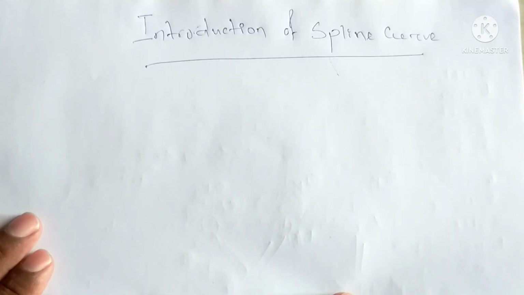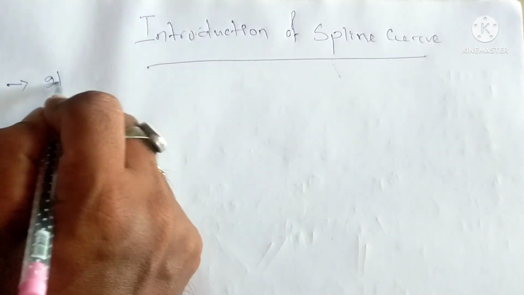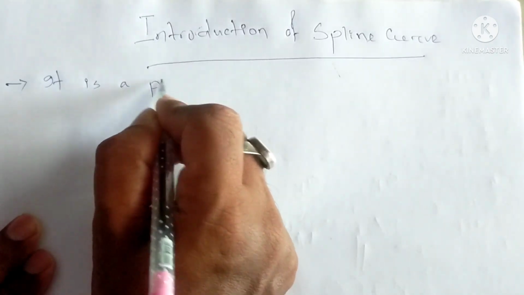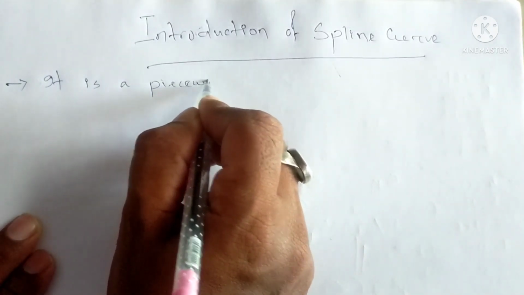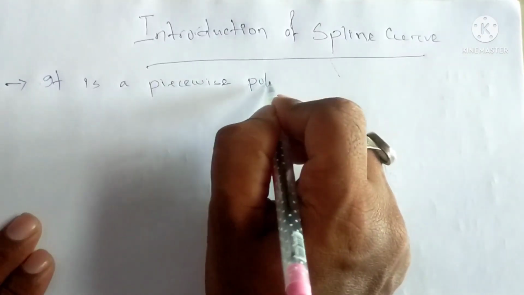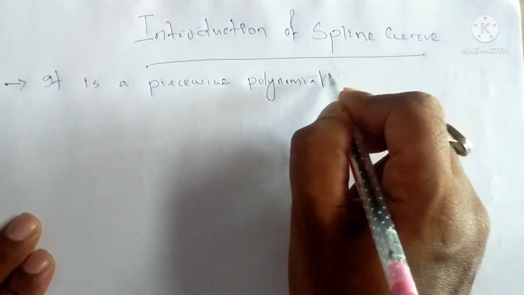The spline curves are piecewise polynomial curves. We can say that it is a piecewise polynomial curve.